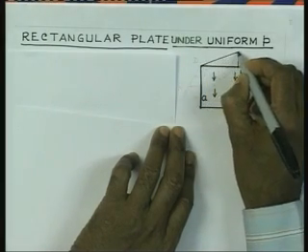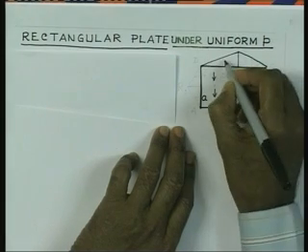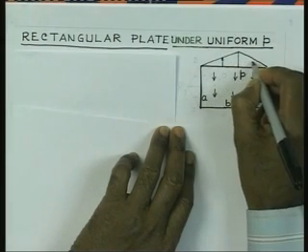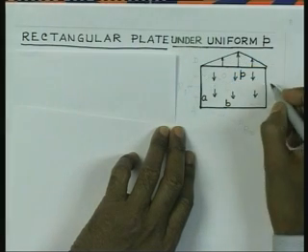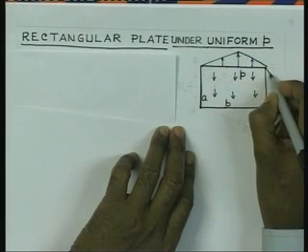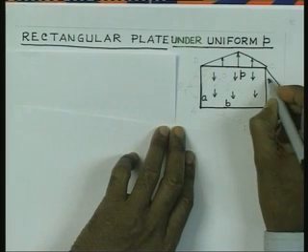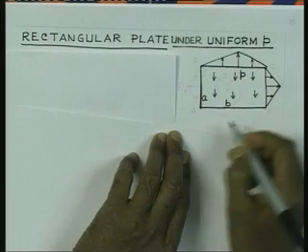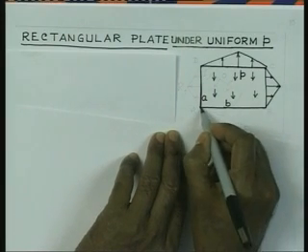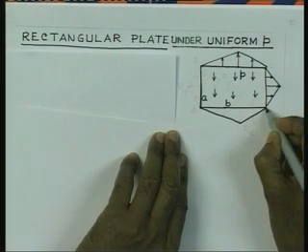So, therefore, the reaction forces are going to have a distribution like this over this boundary. Similarly, we are also going to see some distribution of the reaction force over this side, and similar thing will be repeated for the other two sides.